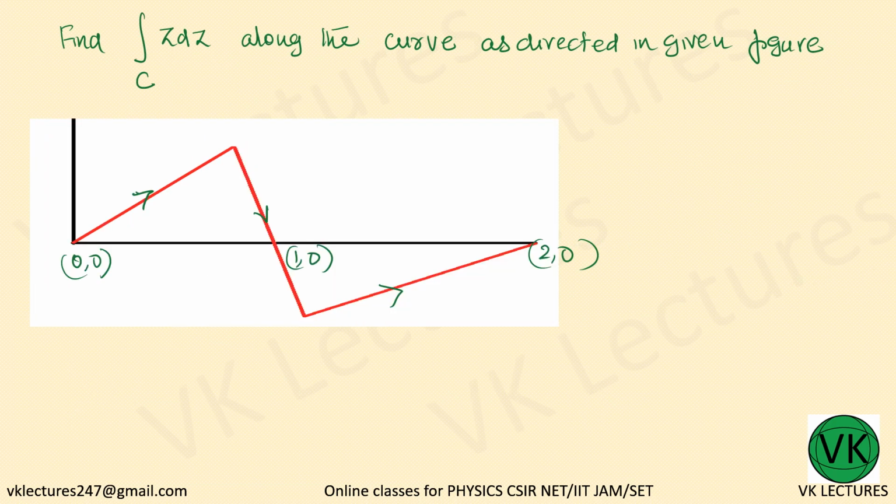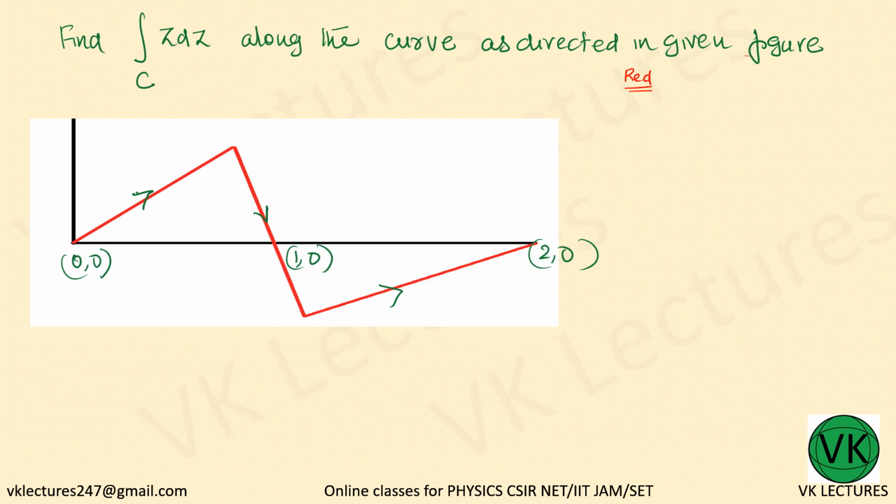Find the integral of this curve z dz along the curve as directed in the given figure. Now the curve is directed in color red, so we have to integrate along the path which is mentioned in the color red.